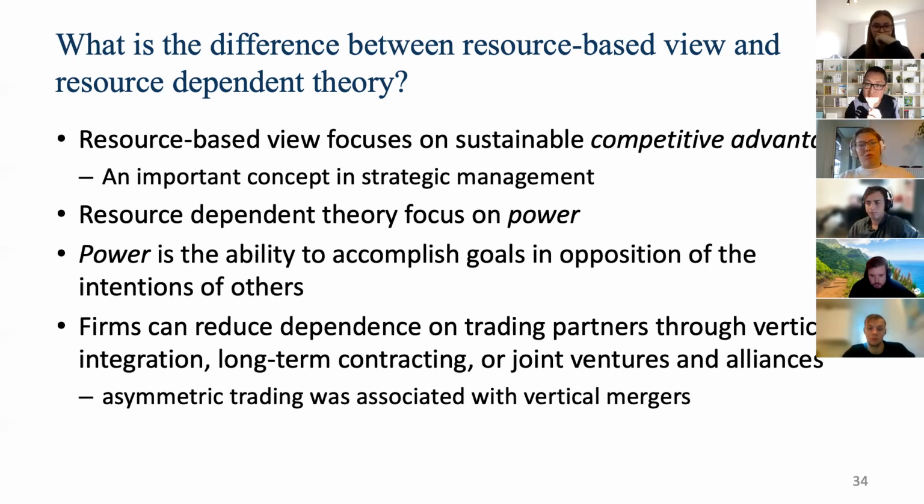It has actually been documented that when you have asymmetric trading, meaning that one party is more dependent on the other party, then it is more likely to have vertical merger or vertical integration. So both of these two theories, I just call them theories, even though resource-based view is just a view, could explain why firms would join strategic alliances, right?